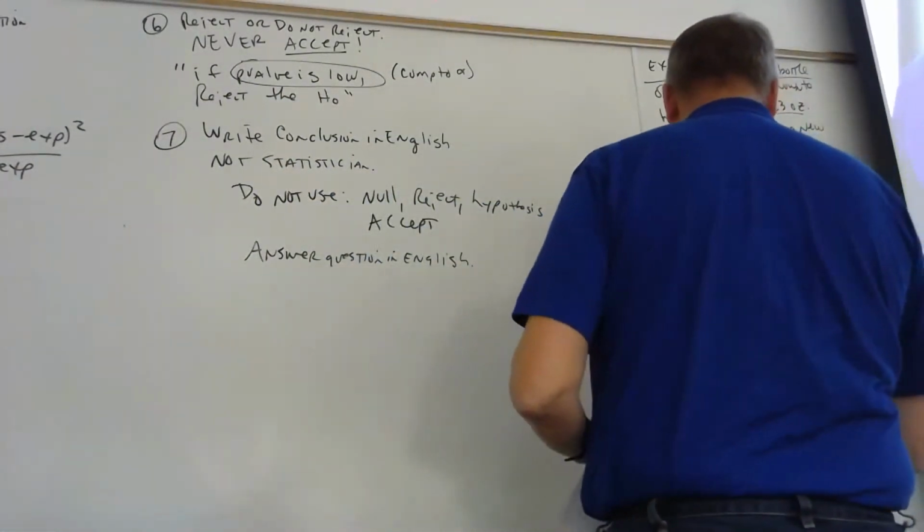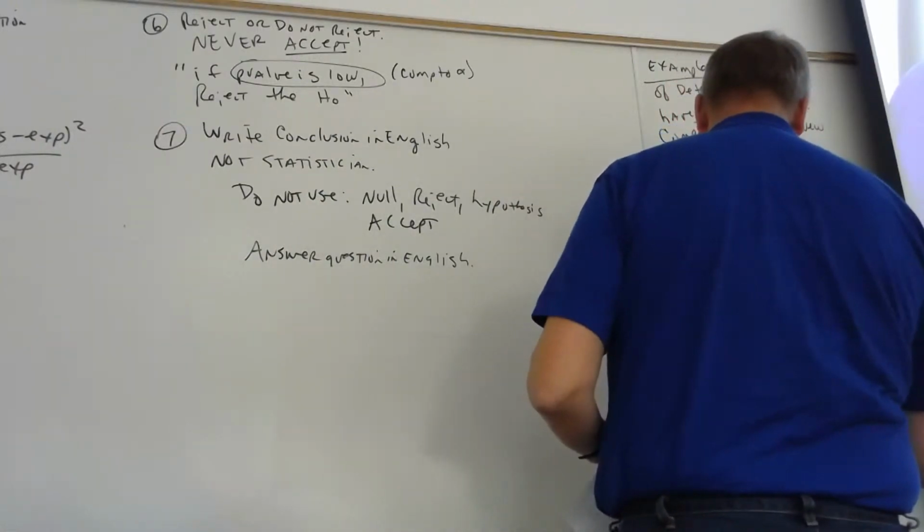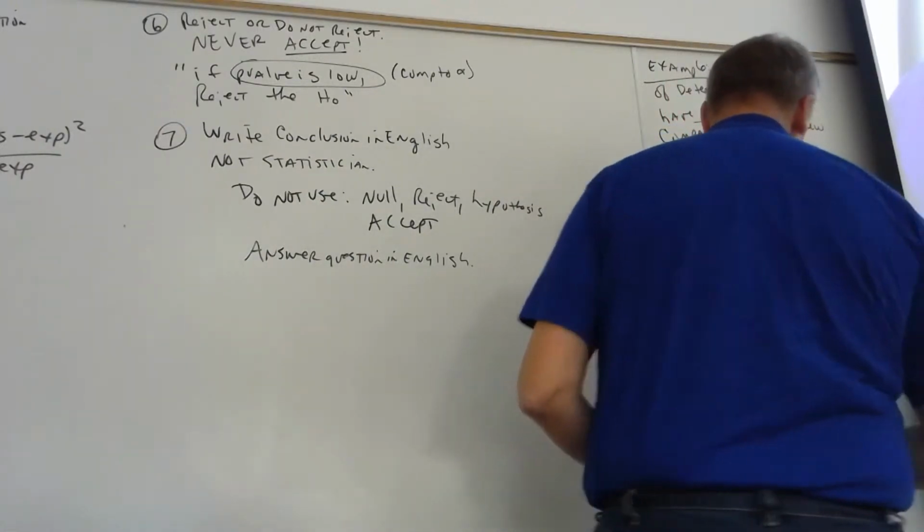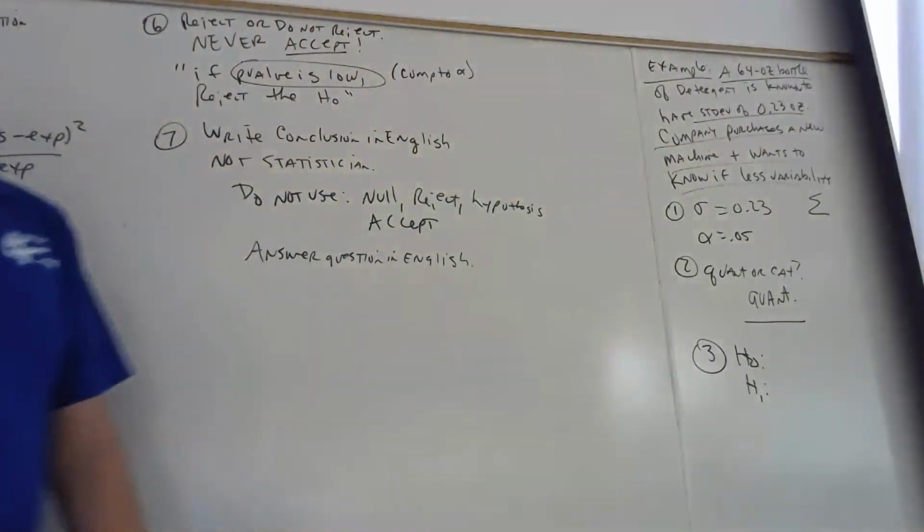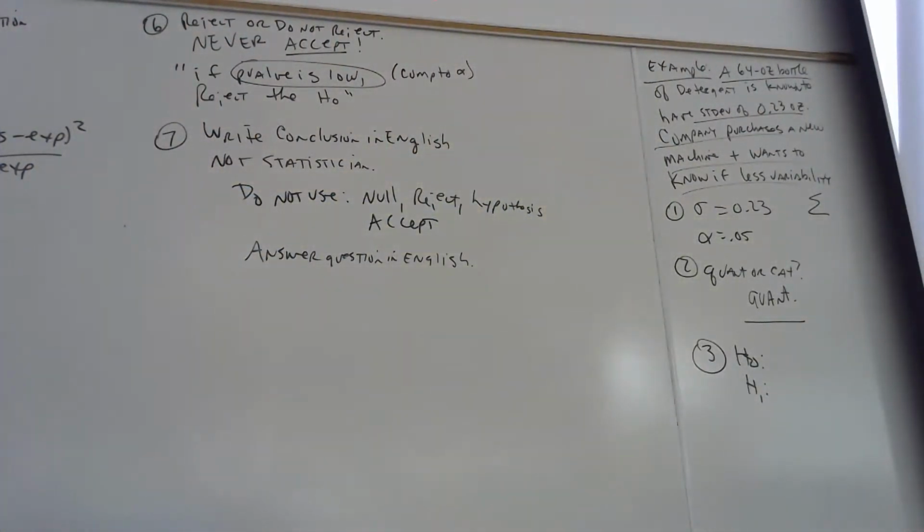All right, question number 3, what's the null and the alternative hypothesis? I haven't picked on Allie yet. What do you think? I have no idea. No idea? What does null hypothesis mean?